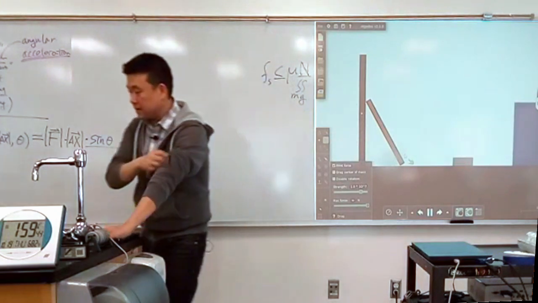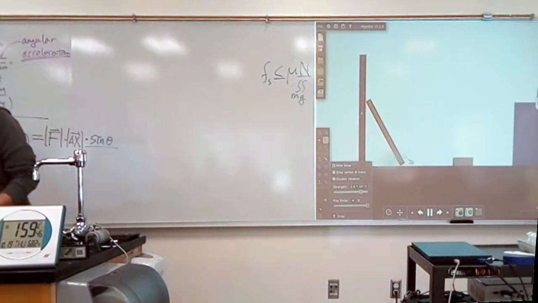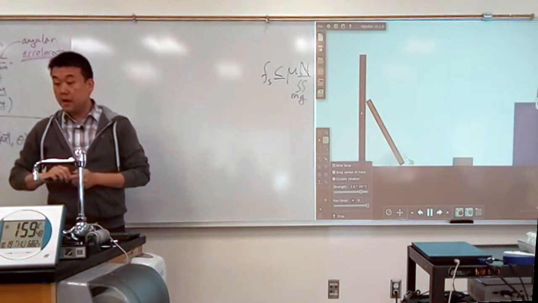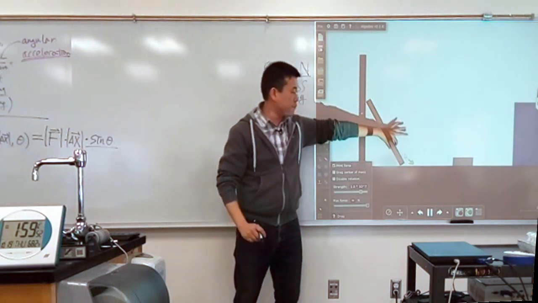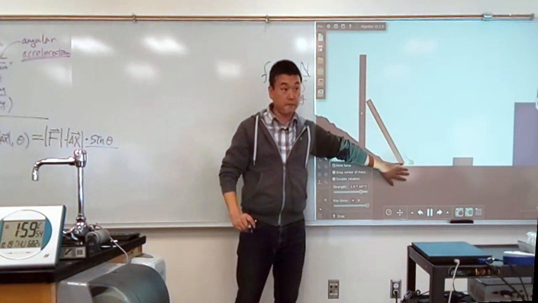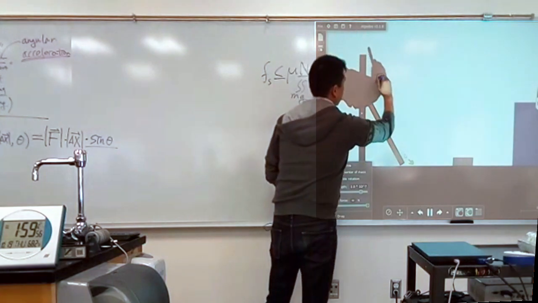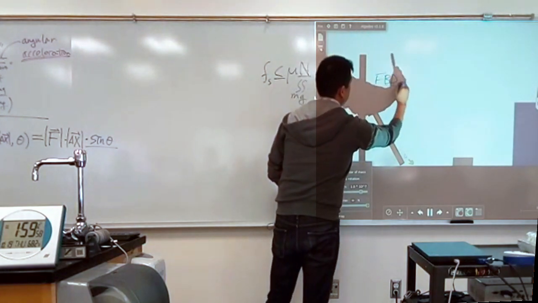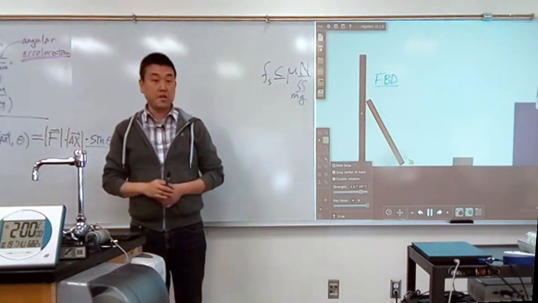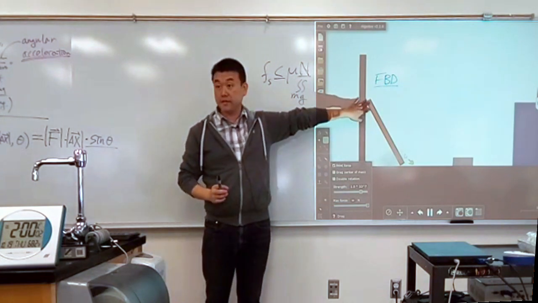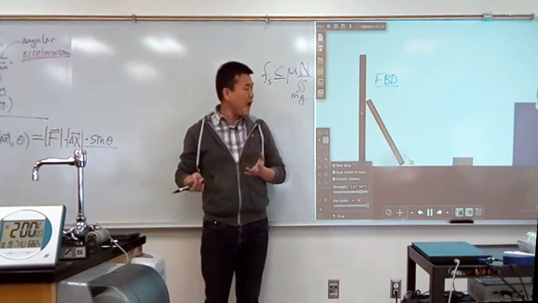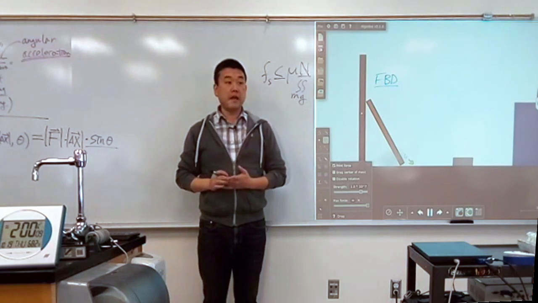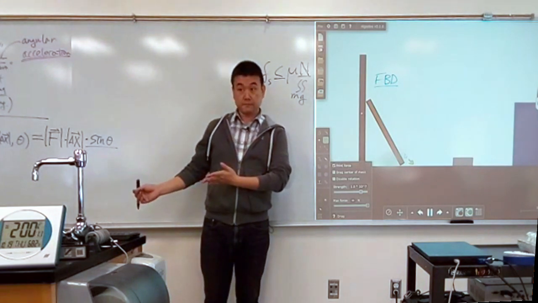Let me draw my free body diagram. I'll still try to draw it reasonably simple, but I'm going to have some kind of representation of the object itself. So this is going to be my free body diagram. It still doesn't change the fact that there's gravity acting on this thing. And I'll justify this a little bit later: I'm going to say gravity is at the center of mass.